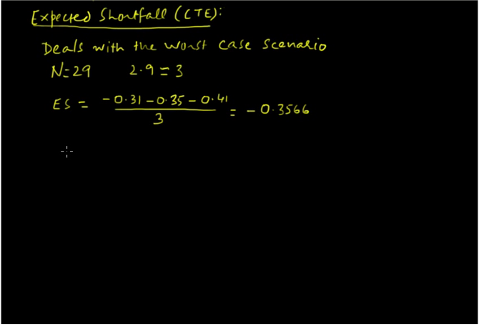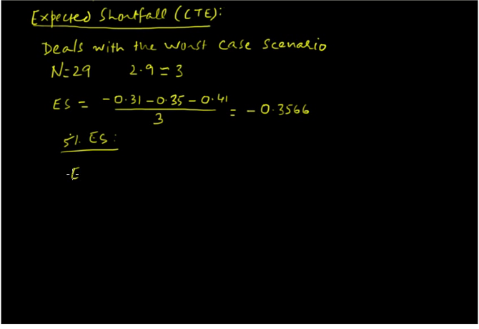What about the 5% expected shortfall? In this case, we are going to take the average of the worst 5% cases from our sample, which is roughly 2.